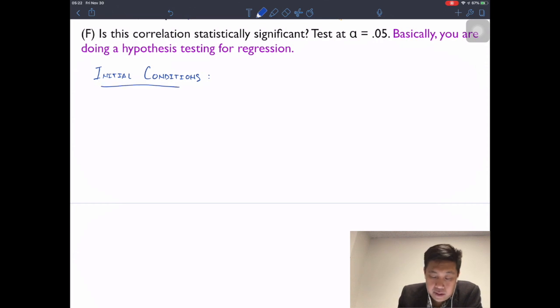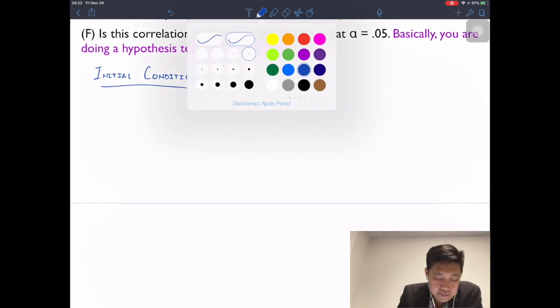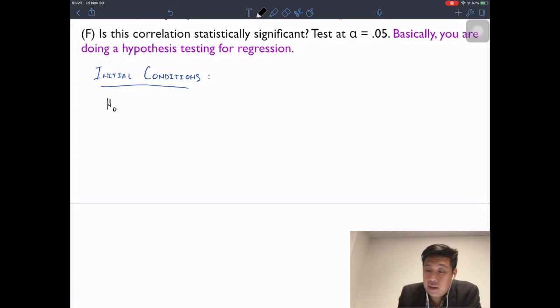So what are they? In this case, H naught is a Greek letter that looks like a P, but it's called rho, R-H-O. Rho is equal to 0, which basically means there does not exist. Remember that backwards E with a slash means does not exist.